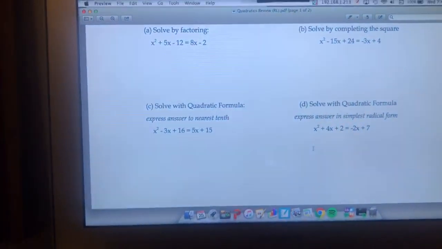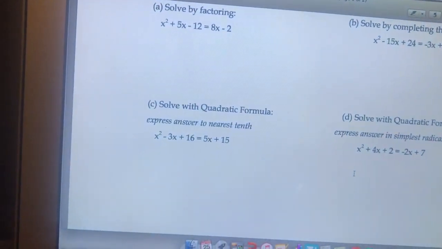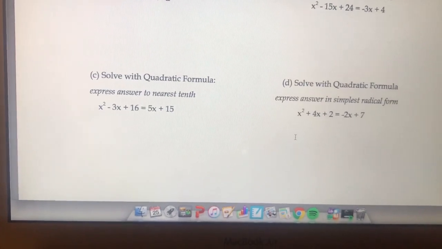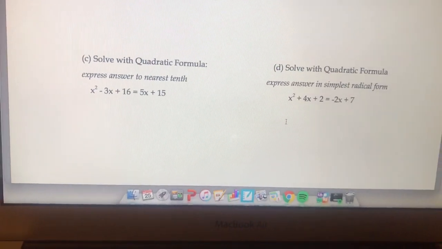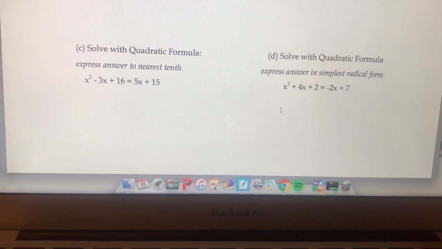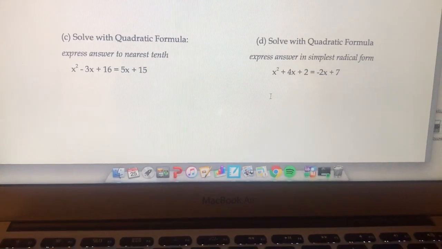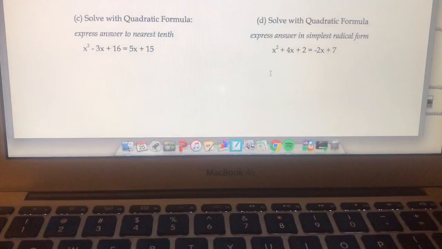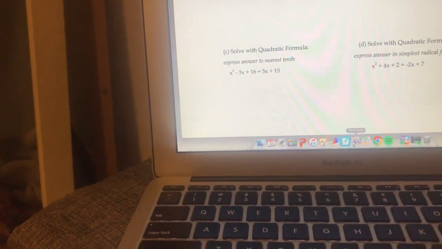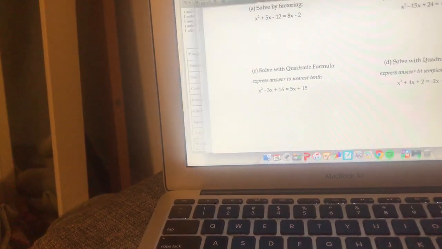Looking at C and D, I'm asking you to use the quadratic formula. They are quadratic functions, I just get so excited. I'm asking you to use your quadratic formula for both of them. I posted the reference sheet on the Google Classroom, and I'll attach it for today as well, but your quadratic formula is given to you on this reference sheet.